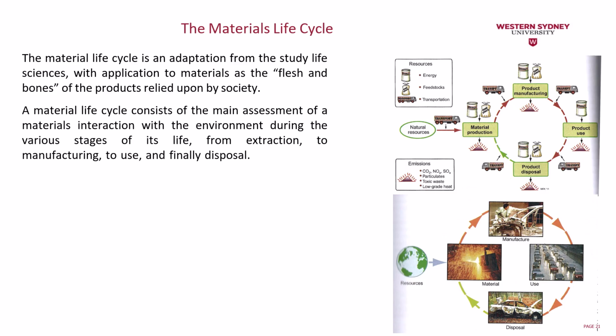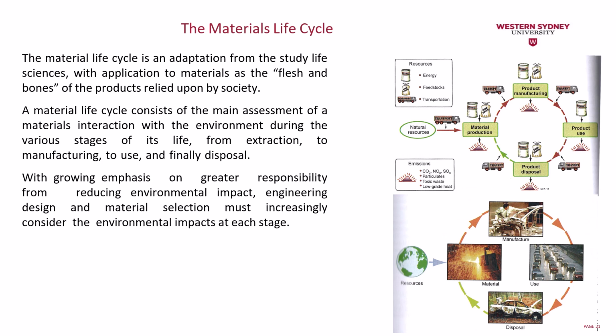The material life cycle consists of the main assessments of the material's interaction with the environment during the various stages of its life, from extraction to manufacturing to use and finally disposal. With a growing emphasis on greater responsibility for reducing environmental impact, engineering design and material selection must increasingly consider the environmental impact of each stage. These concepts will be developed further in later lectures.